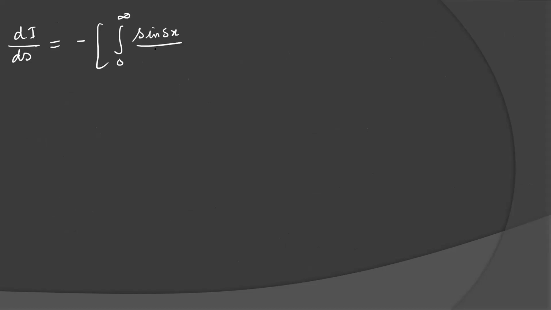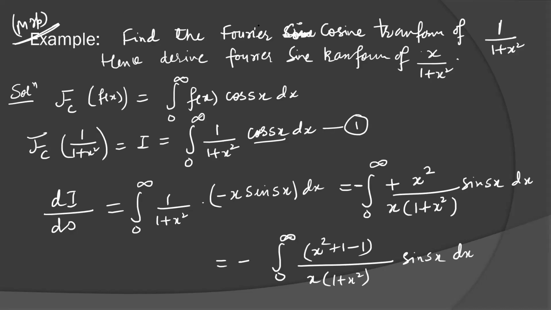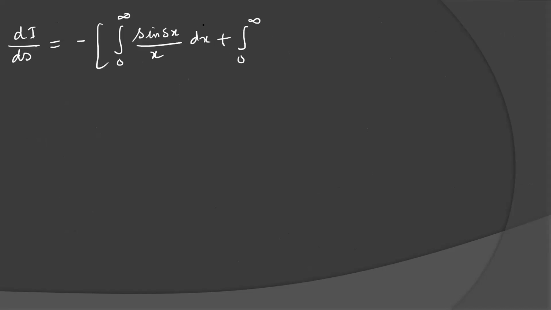Sine sx over x dx plus integral 0 to infinity. This is minus actually, but minus minus will become plus if you take the bracket here. Sine sx over x into 1 plus x square dx. This is your minus.